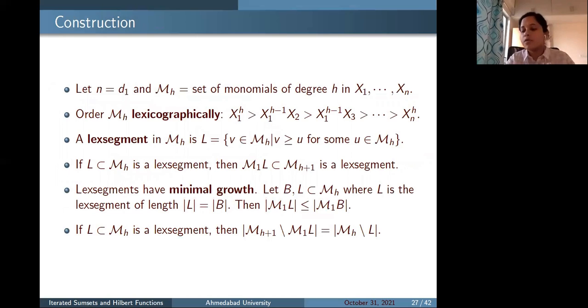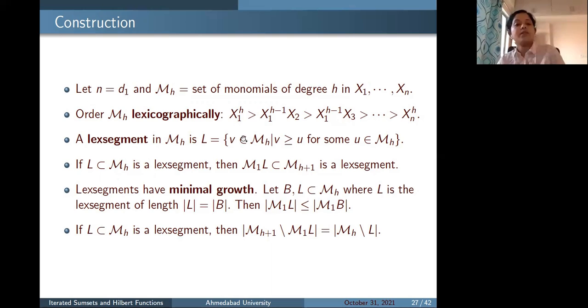So for doing that, first of all, we make some construction here. Since I have a sequence of integers d_i, let's say I'm taking n to be equal to d_1, and I'm considering M_h to be the set of monomials of degree h in these variables.